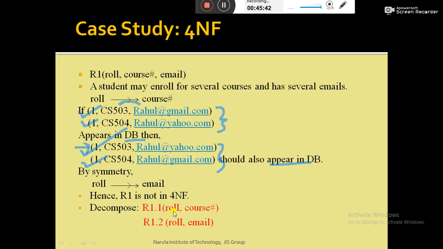But here that multi-valued dependency is of a trivial type, and role multi-determines email is also trivial. As we have already said, if a relation has only trivial multi-valued dependencies, then the relation is in 4NF. So these two relations are in 4NF.